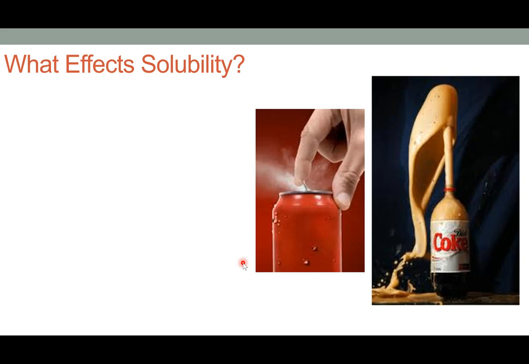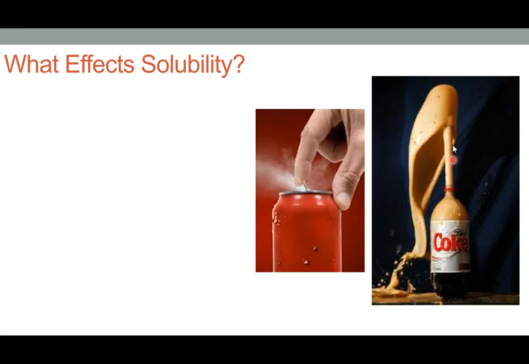When you open up that soda, the pressure inside of the can goes down. It goes way down. So you go from a pressurized system to just open pressure. So what happens to the gases inside of that solution? Well, what we see is that our gas comes crashing out or bubbling out again, right?